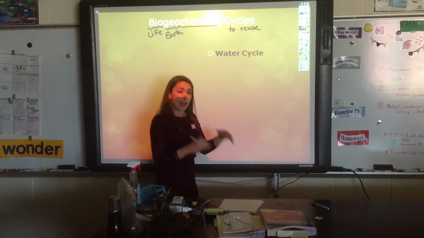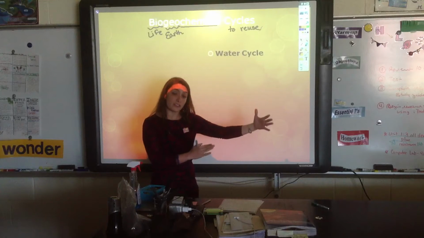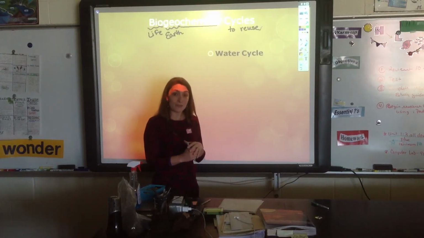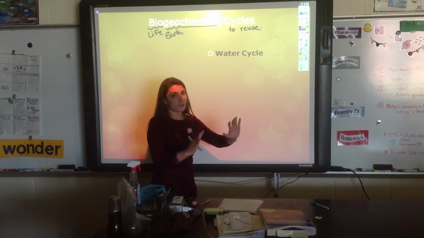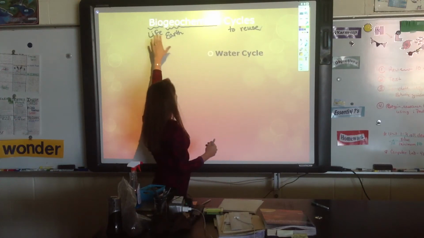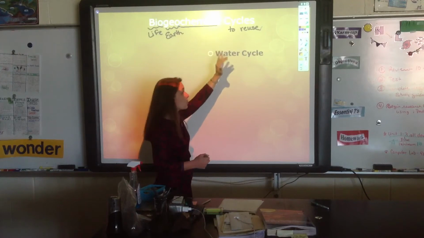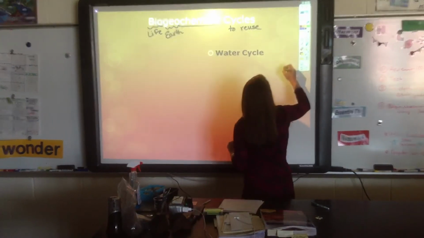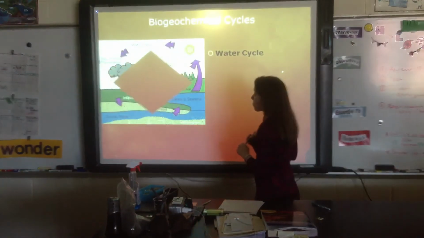So when we studied energy and how energy is transferred, remember the 10% rule? Energy is transferred. It's not used over and over and over again. But chemicals are cycled. So water is used over and over and over again.